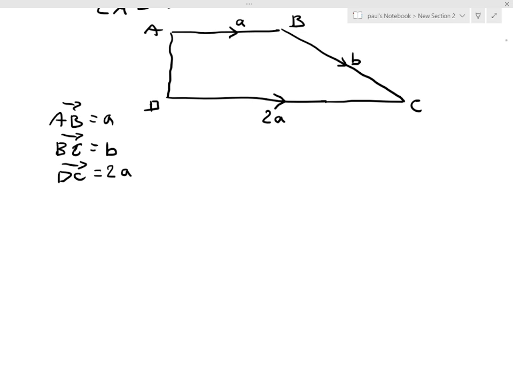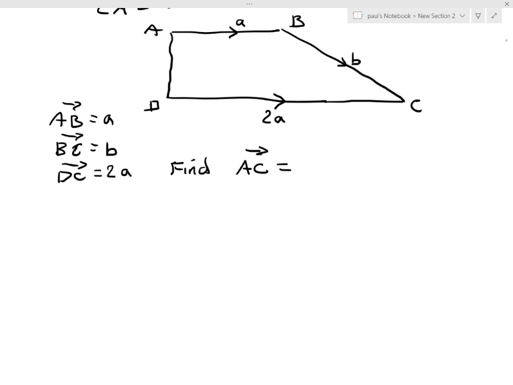Now remember I said before that when one vector is a multiple of another, it proves that they are parallel. And in a trapezium, the top and the bottom will be parallel to each other anyway. It means the vector is in the same direction, but the DC one is twice as long as the AB one. So let's find AC.